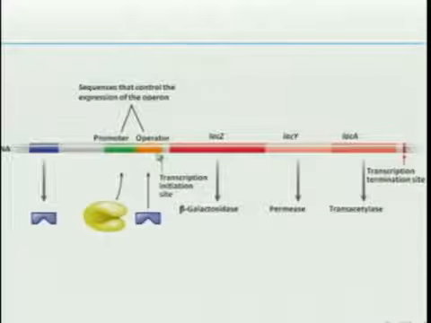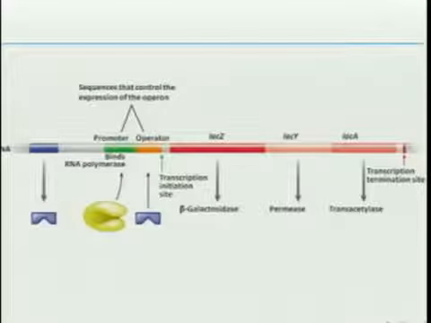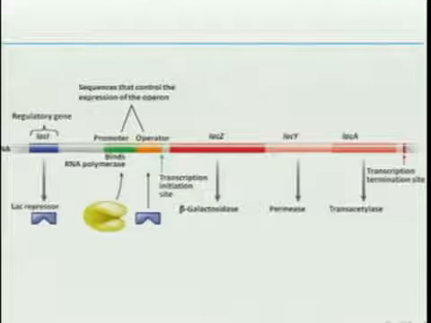The operator is a really fascinating piece of DNA because while the promoter, of course, as you know, binds RNA polymerase, the operator binds a regulatory protein. So it binds a transcription factor. I just showed you how in the human genome, a zinc finger protein binds DNA.